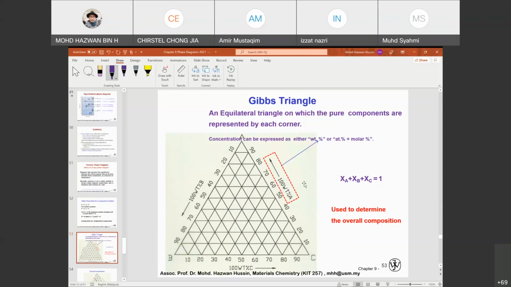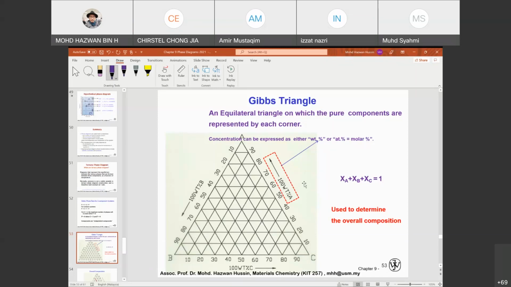That is why you have three axes. Each axis represents the purity of a component. The unit for each axis is noted as weight percent or atomic percent, which in the end is equivalent to the molar percentage. When you divide weight by atomic mass, you get moles.